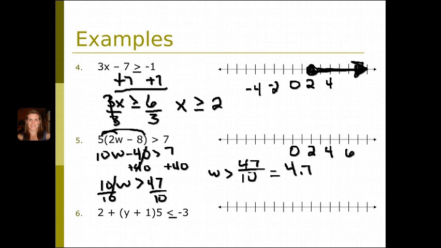So 4.7 is between 4 and 5, but it's closer to 5. This is going to be an open circle. And we're looking for the numbers greater than 4.7, so we're shading towards the positive.